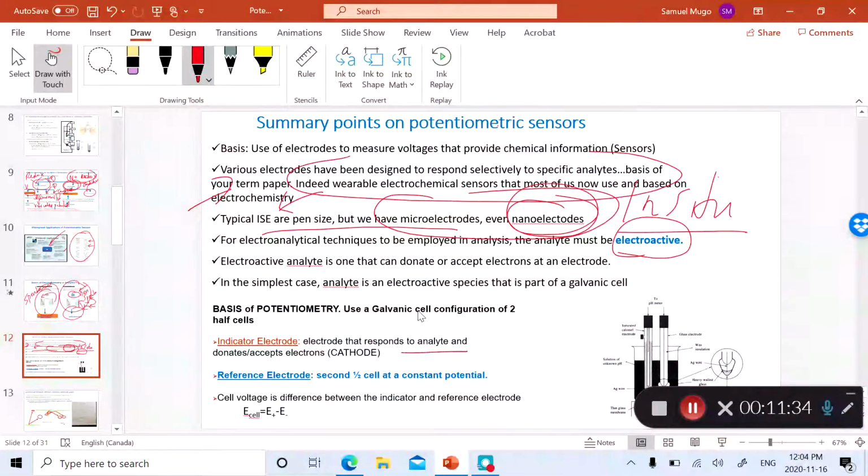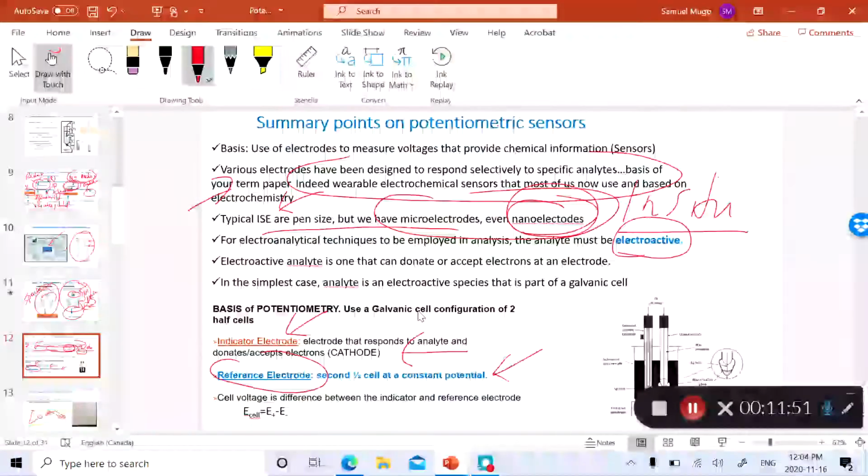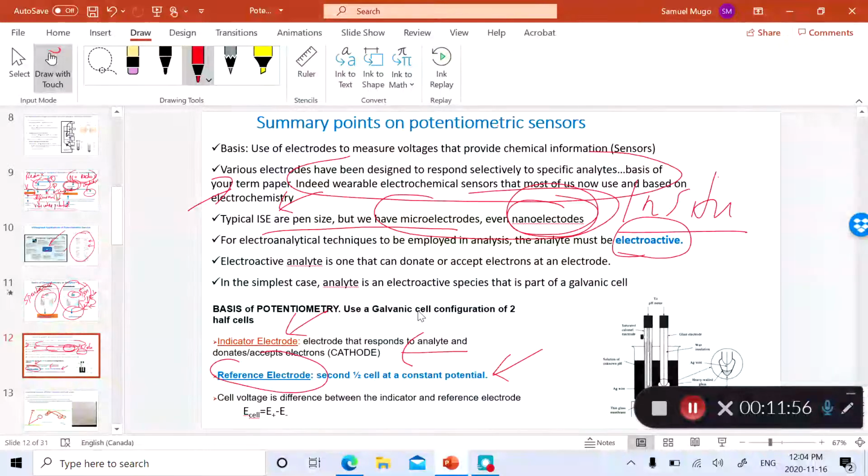So essentially you've got the cathode, which is the sensor, or the indicator electrode, as you sometimes call it. And then on the left-hand side, you have the reference electrode. Last week, I talked about the three different types of reference electrodes that are commonly used, although the silver chloride is the most common type.